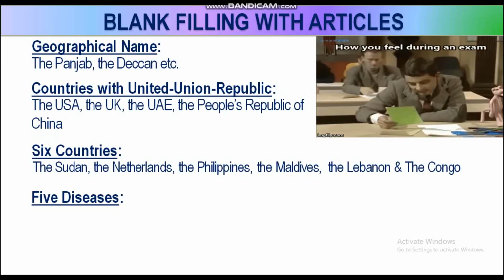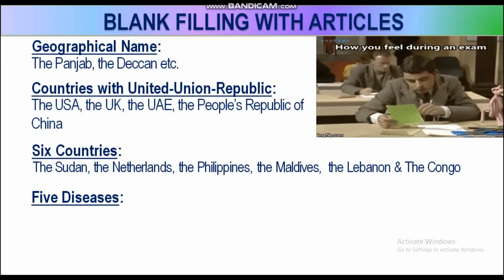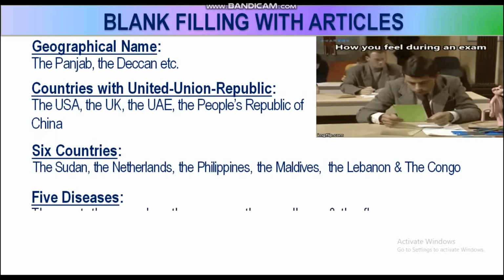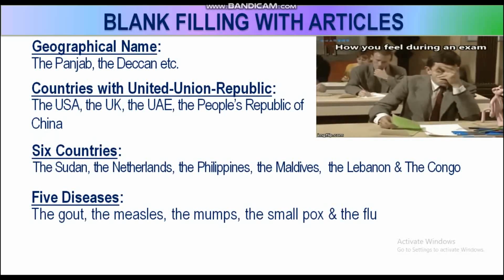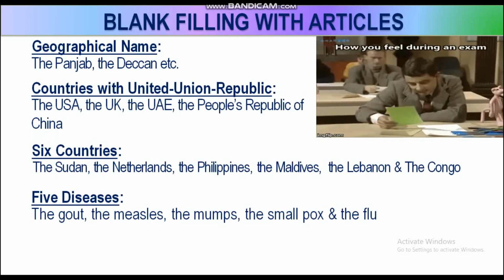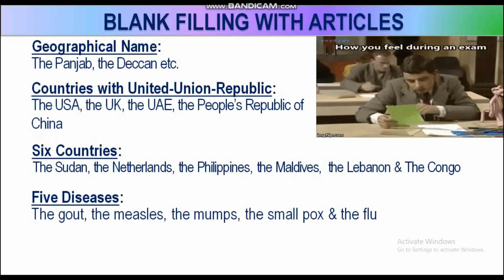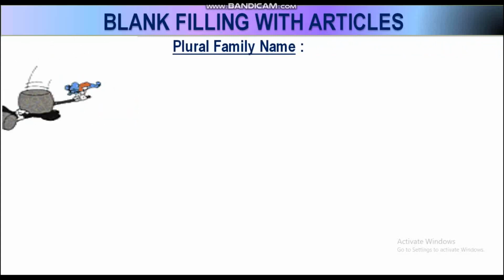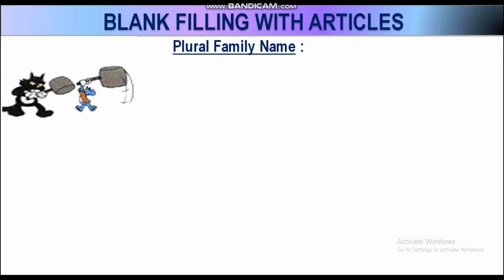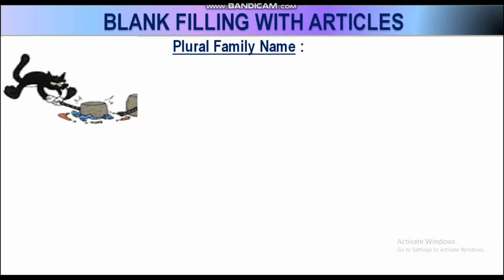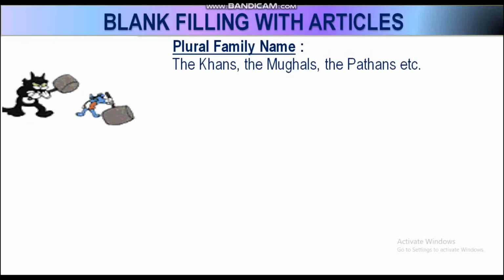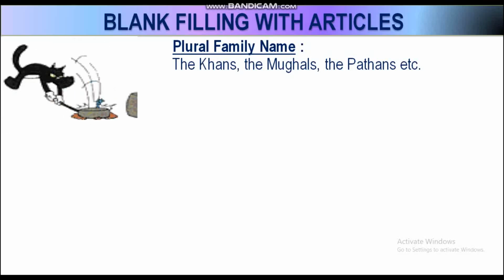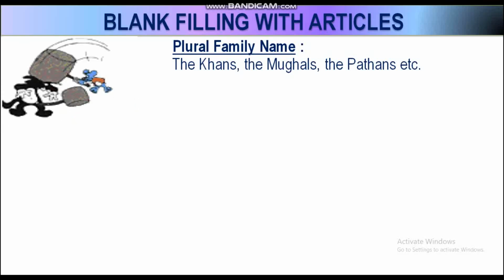Article the is used before five diseases, such as the gout, the measles, the mumps, the smallpox, and the flu. Plural family name. Before plural family name, that is the Khans, the Mughals, the Pathans, etc., article the is used.